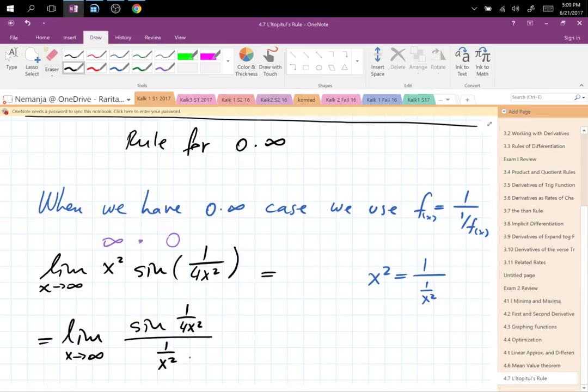So plug in infinity now. On top you have sine of 0, which is good. And in the denominator you have 1 over infinity, which is 0. So we successfully transformed 0 times infinity into, in this case, 0 over 0. Sometimes it will turn out to be infinity over infinity. If you are not getting 0 over 0 or infinity over infinity, you did something wrong.